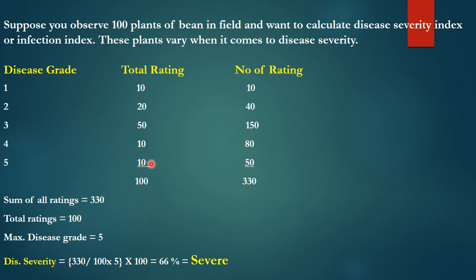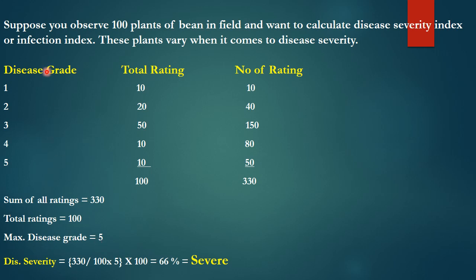And then there are 10 plants where the damage is more than 50%, and then you give them disease grade 5. So the total rating is 100, and the number of rating is the multiple of that, it is 330. So the sum of all ratings is 330, the total rating is 100, and the maximum disease grade is 5.